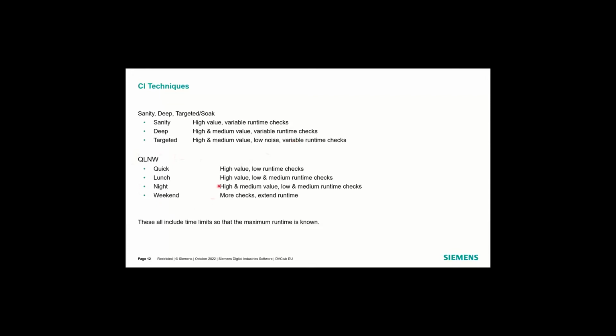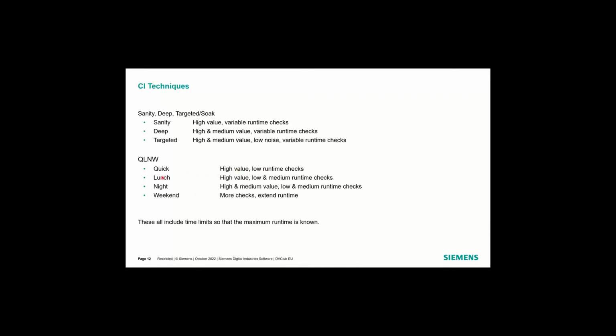In Siemens, we have customized our tools such that we provide you with these techniques as a set of procedures, which we call quick, lunch, night, weekend. So we've already fine-tuned the engines so that we can run them fairly quickly and find high value with low runtime checks.